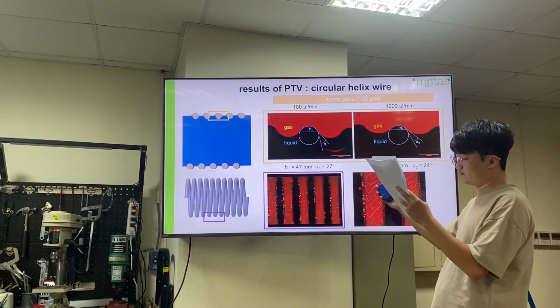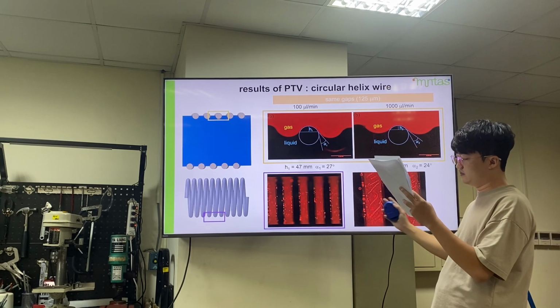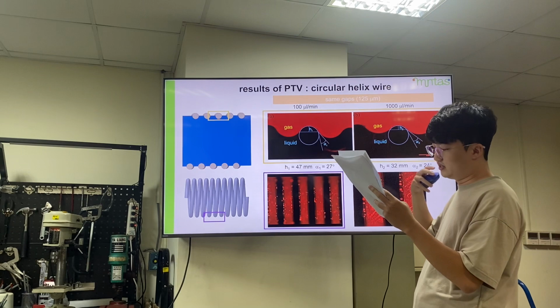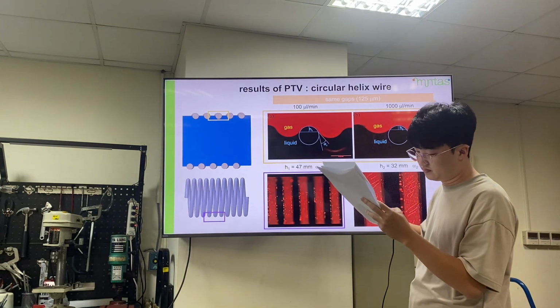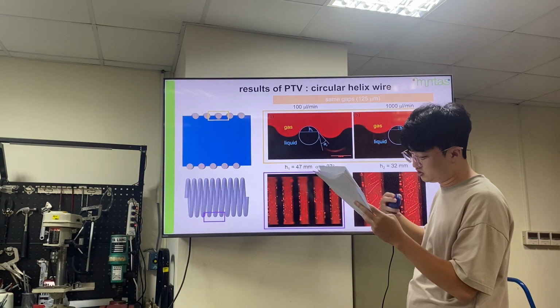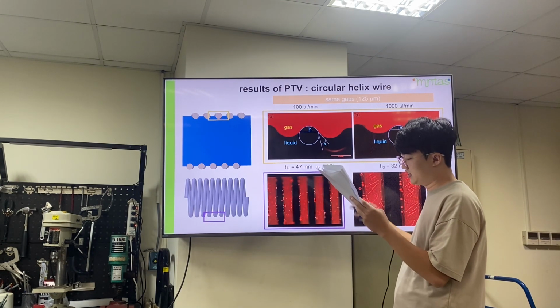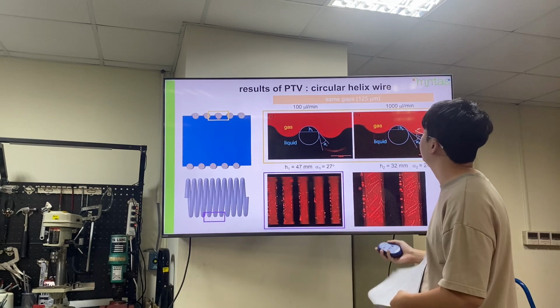The movement of frozen particles aligns with the vortex trajectory, confirming that vortices are indeed generated in the helical wire gap as indicated by the simulation result.